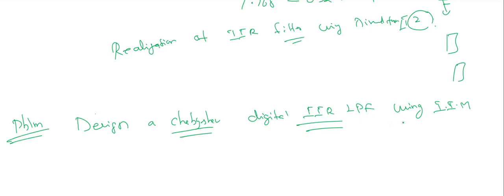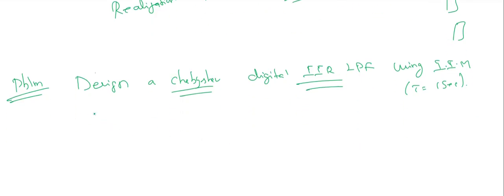For the impulse invariant method, you take T equal to 1 second. So the specifications are given as follows.